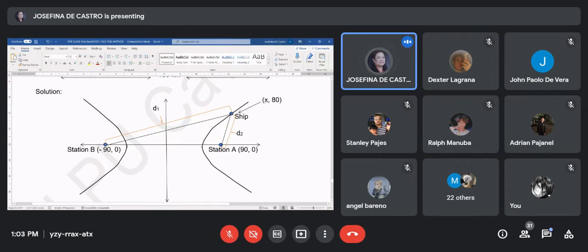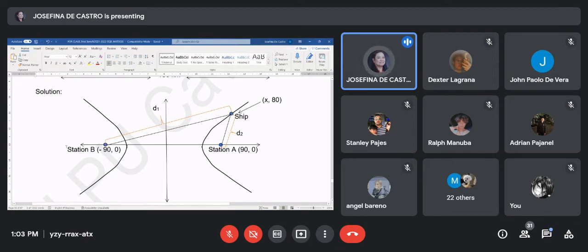Ito ngayon, ang ibig sabihin nito ay x80 kasi starting from 0, yun ang distansya niya from the shoreline. Ang station natin ay nasa shoreline siya. Consider ang shoreline natin ay ang x-axis. Okay?